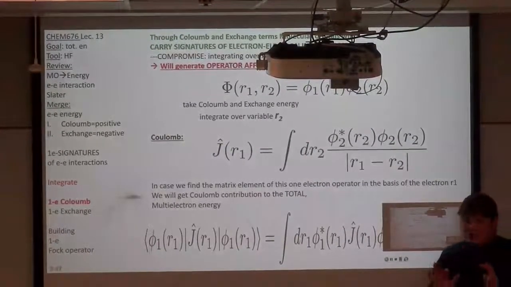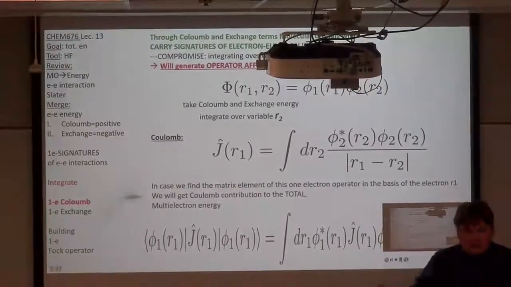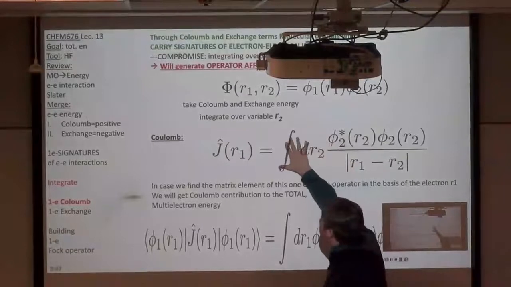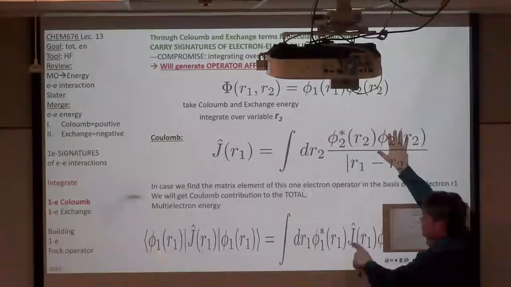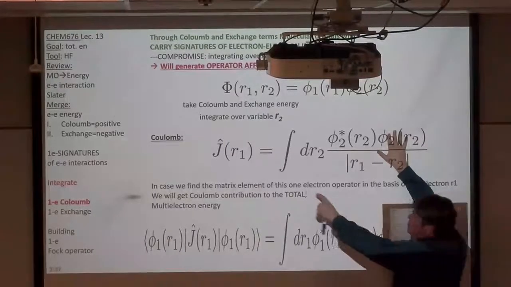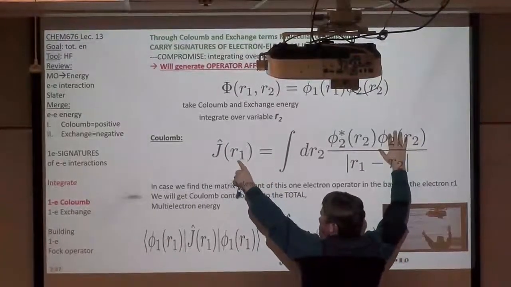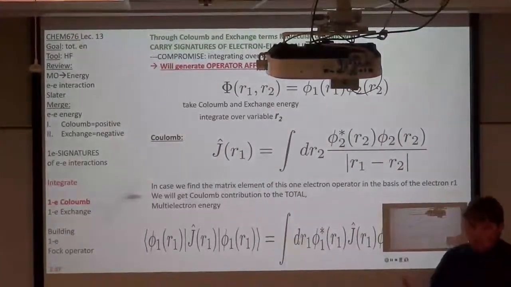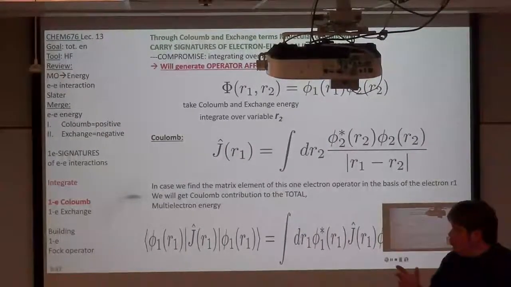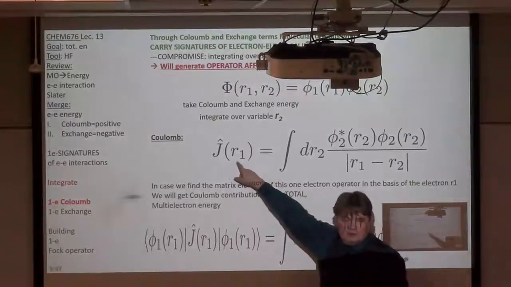But we intentionally want to split these two operations. If we complete this integration and do not complete the other one, then this will be a unique object. Instead of acting on two electrons as the normal Coulomb interaction does, this object will act only on one electron, on R1.